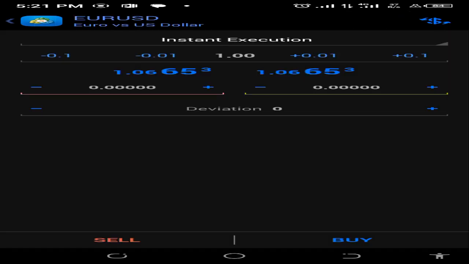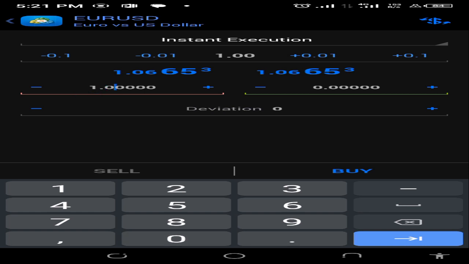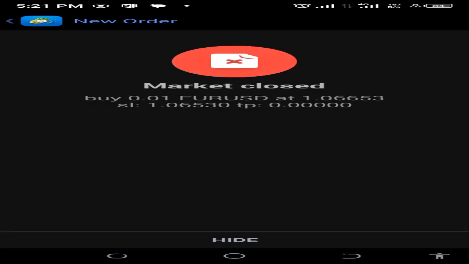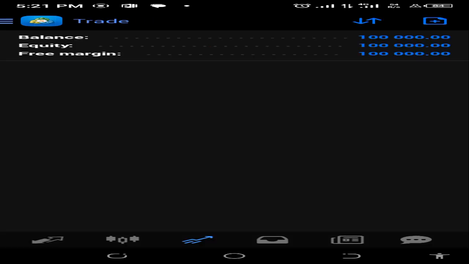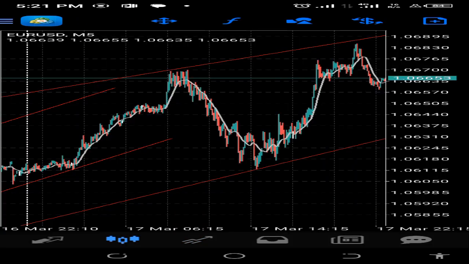So I'll come here, 1.0653. Don't forget to use 0.01. But it can't work now, because the market has closed. It's supposed to say it can't work now. So that is that. Whenever the market is on, I will demonstrate it for you to see.